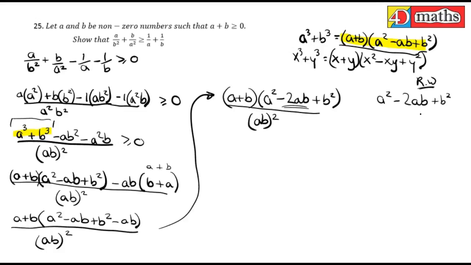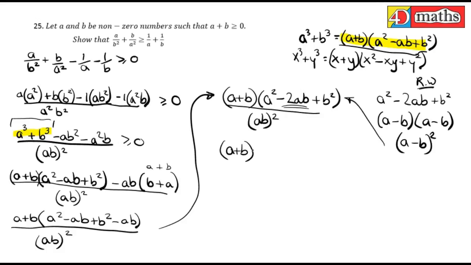So I'm going to work out what this is. This is what you'll actually get: a minus b, a minus b. In fact, this is what you get, a minus b all squared. So I'm going to replace that in there, okay? So a plus b, a minus b all squared, all over a squared b squared.